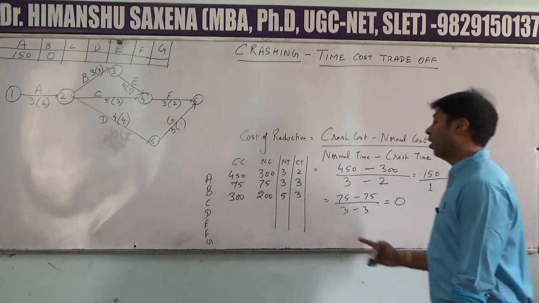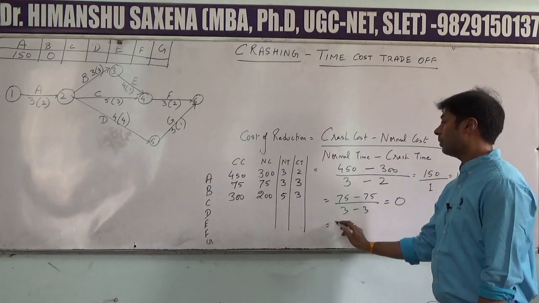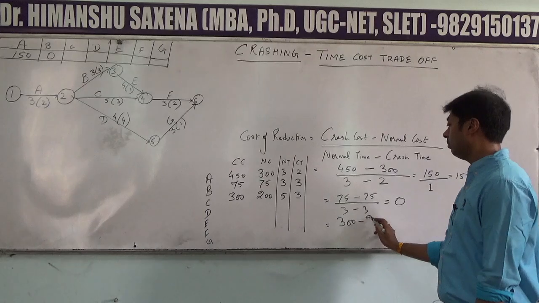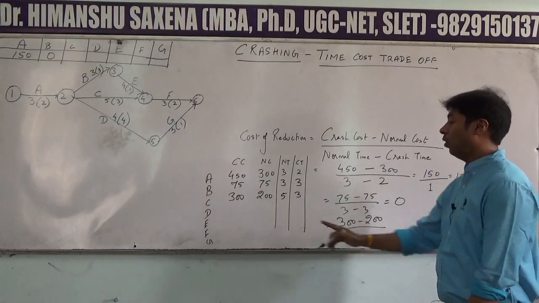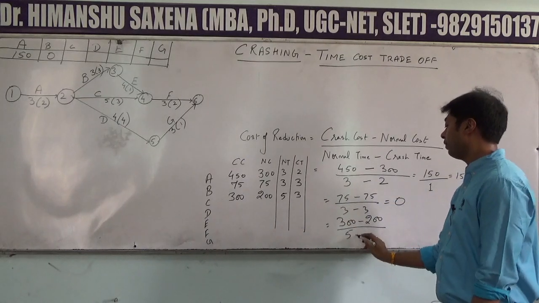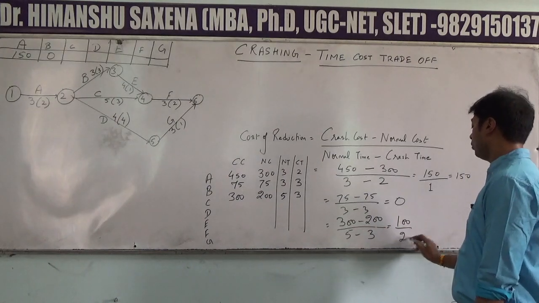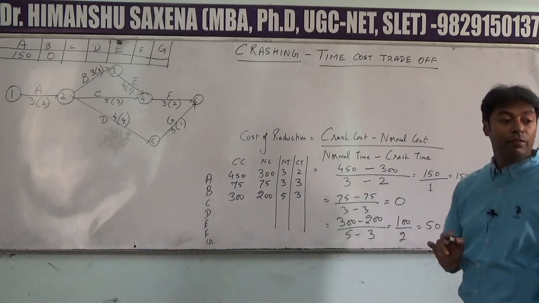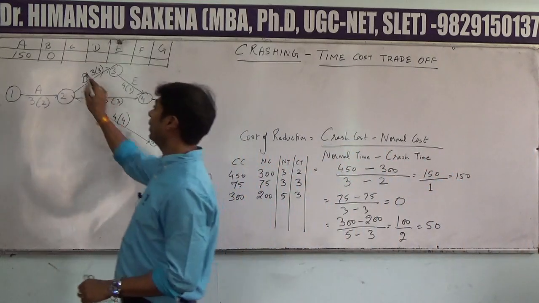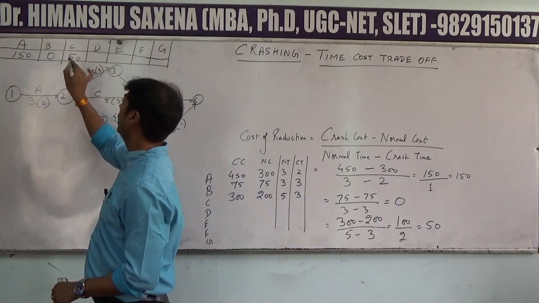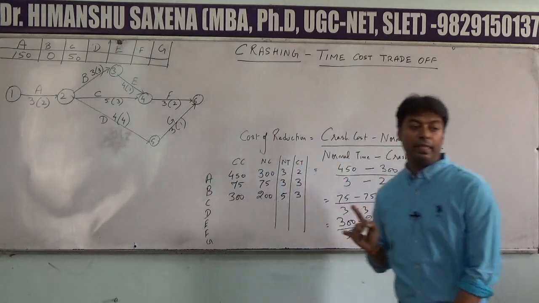Now when we apply this formula, the value will be 300 minus 200 whole divided by 5 minus 3. Now that will give us 100 divided by 2, which is equal to 50. So the cost of reduction of activity C will be equal to 50.